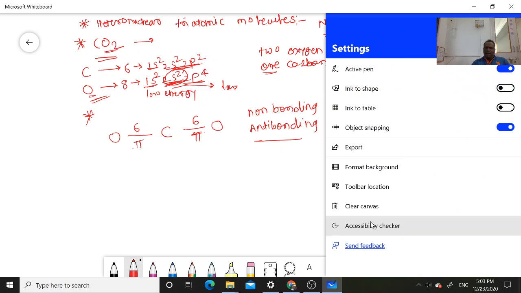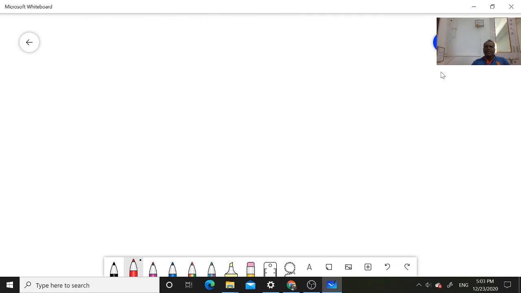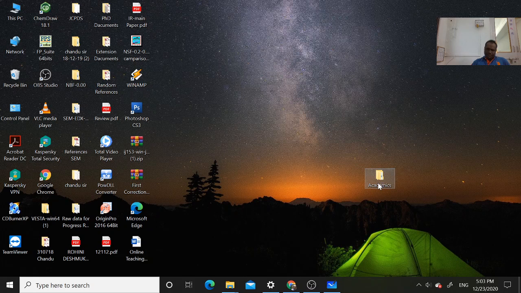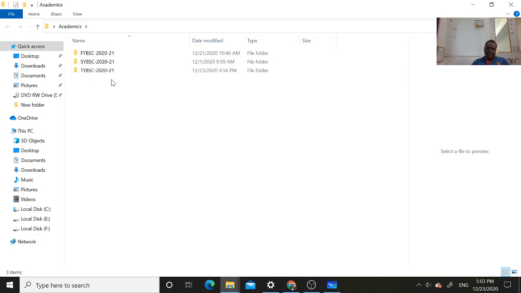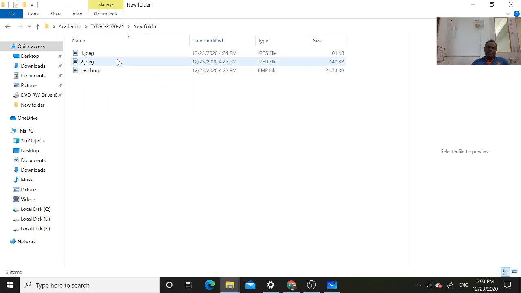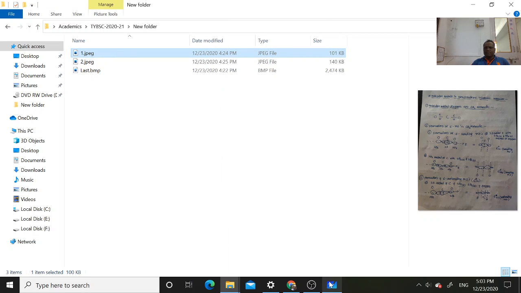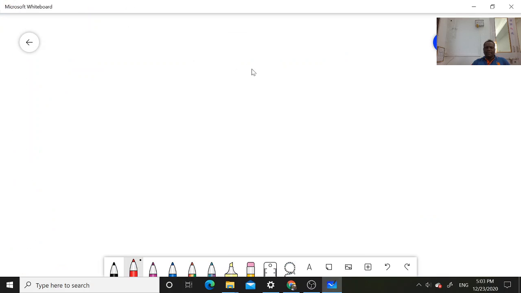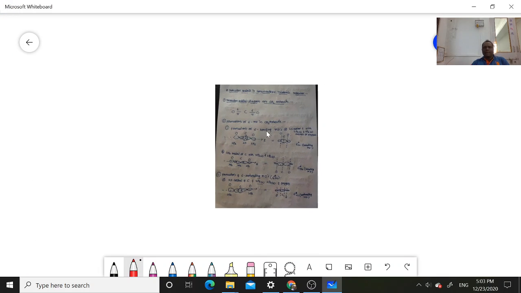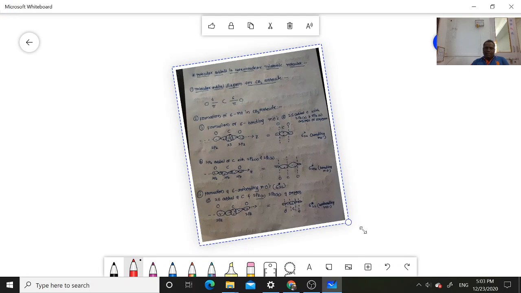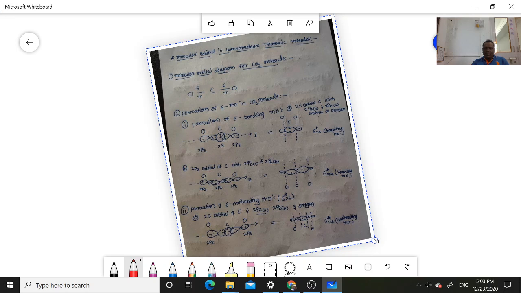I have already drawn the diagram for the molecular orbital diagram of the CO2 molecule. So let's explain one by one. I am copying this into our regular whiteboard pattern.